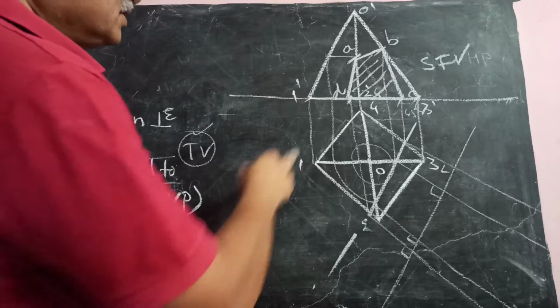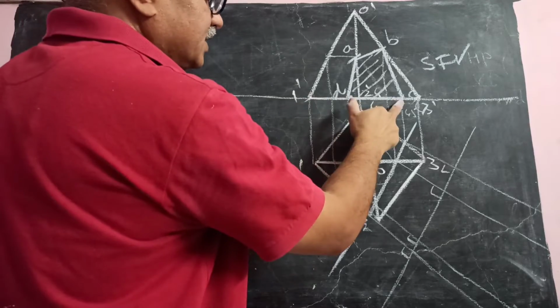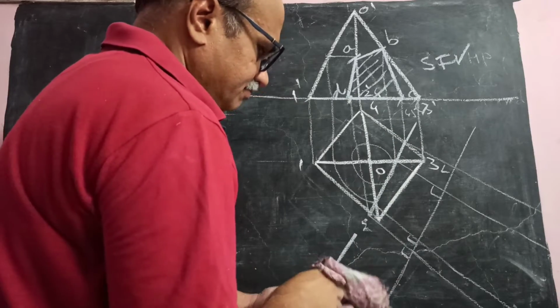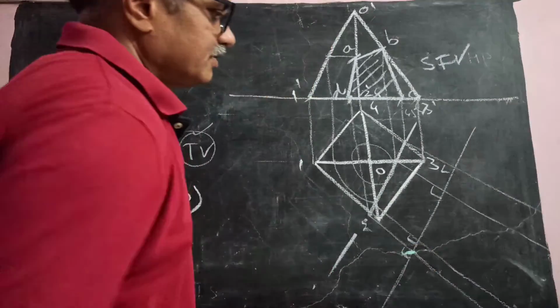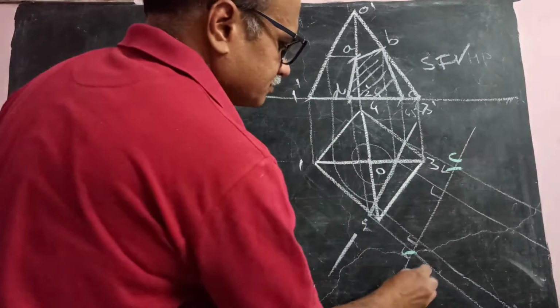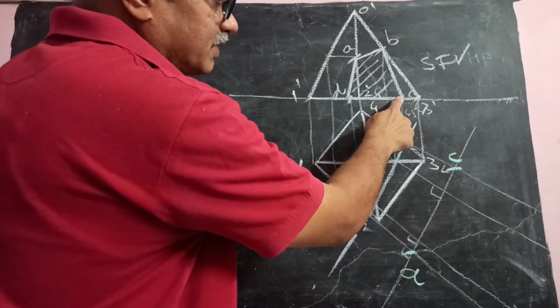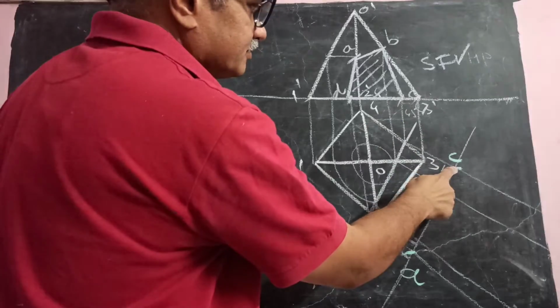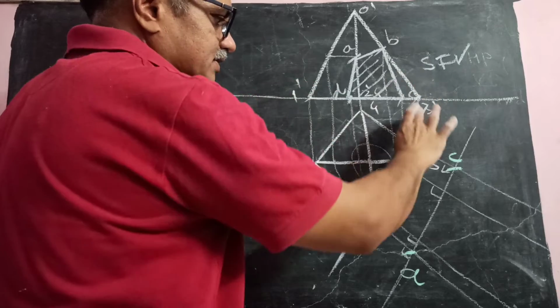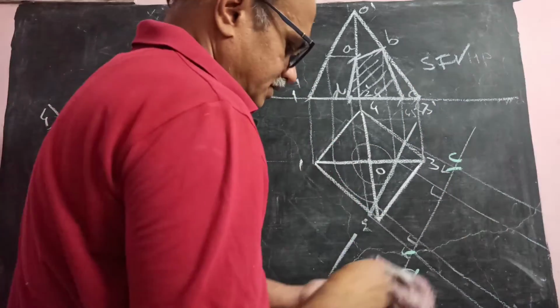Now see, since D and C are on XY, this is the projector for D, so D must lie here only. C must be here. Since C is also on XY, it must be on this line. Then B is at this much distance. B is on this projector, so B will be here.